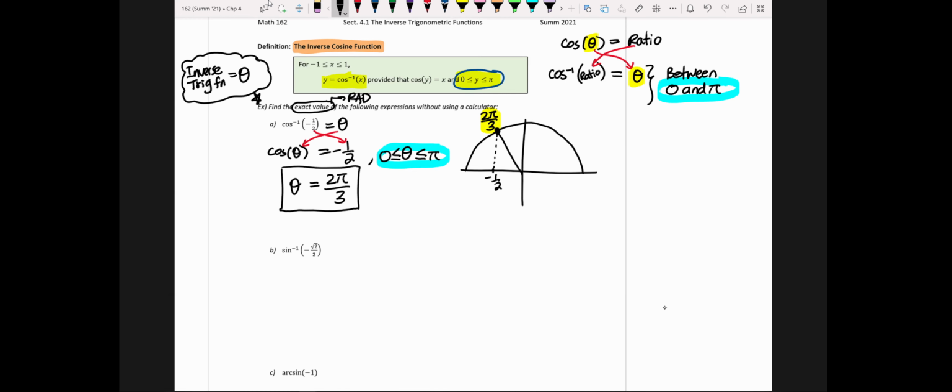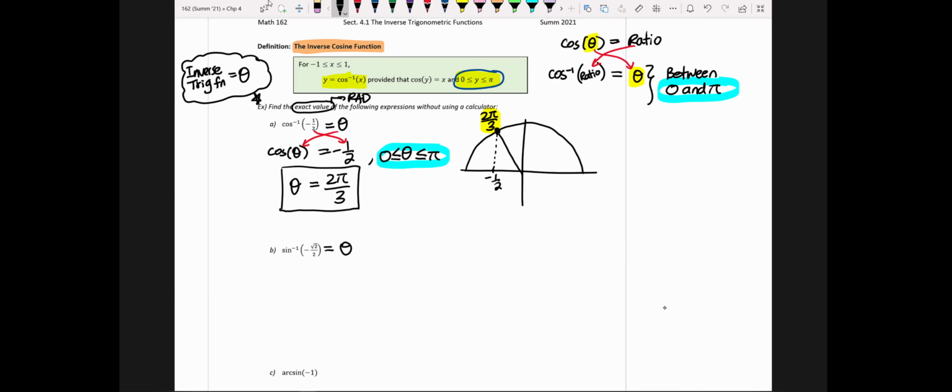So what we did there is we did the switch, drew the restriction, found the angle in the restriction. Because cosine is the x coordinate on the unit circle, x coordinate is -1/2 at 2 pi over 3. It's also -1/2 at 4 pi over 3, but 4 pi over 3 is not in the restriction. There's only one answer in the restriction. Okay, try again.